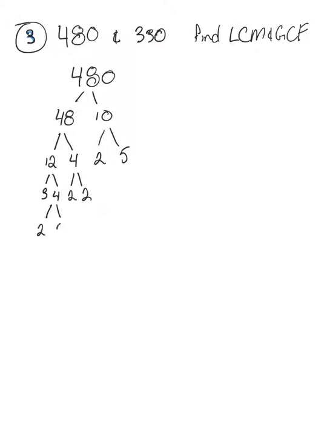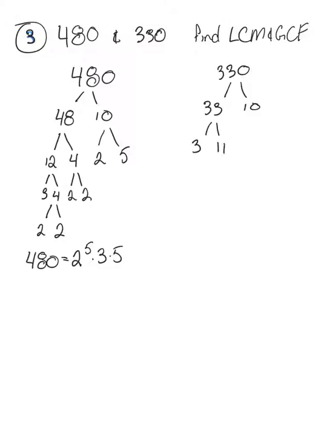So therefore, 480 equals 2 to the 5th times 3 times 5. Meanwhile, 330 can be 33 times 10, which is 3 and 11, or 2 and 5. So 330 equals 2 times 3 times 5 times 11.